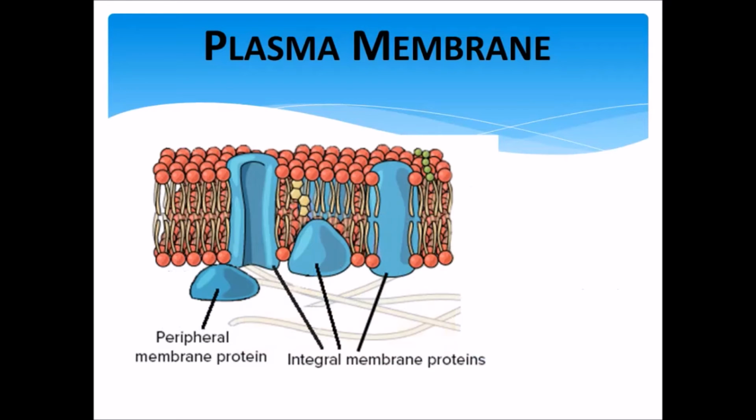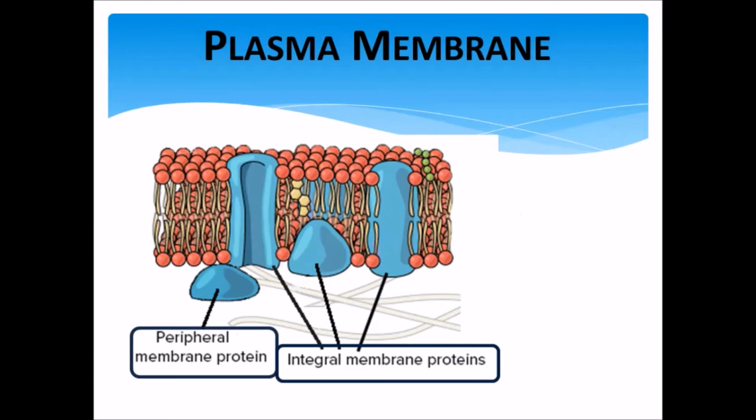Moving with and among the phospholipids in the plasma membrane are proteins, cholesterol, and carbohydrates. Proteins at the inner surface are called integral proteins. When found on the outer surface of the plasma membrane, they're called peripheral proteins. Some integral proteins have a hydrophilic channel to their center that allows passage of hydrophilic substances.